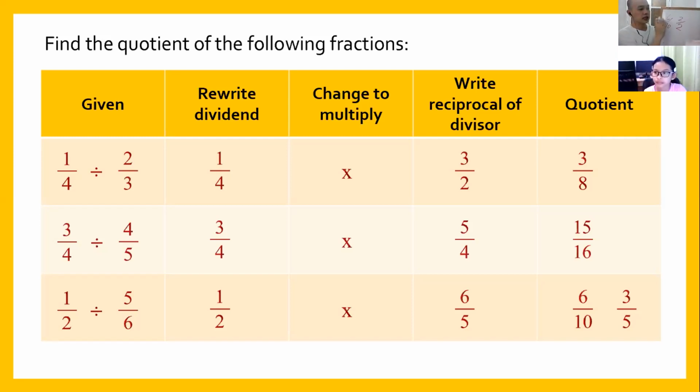Okay, so 6 divided by 2, that will be 3. 10 divided by 2, that will be 5. 3 times 2, 5 times 2. You're going to delete like that. And then you will have 3 over 5.